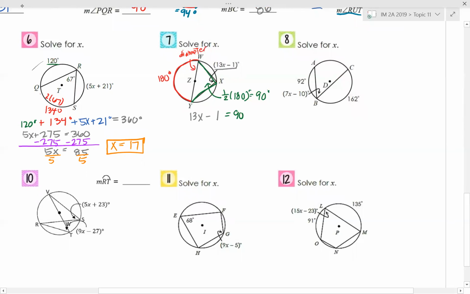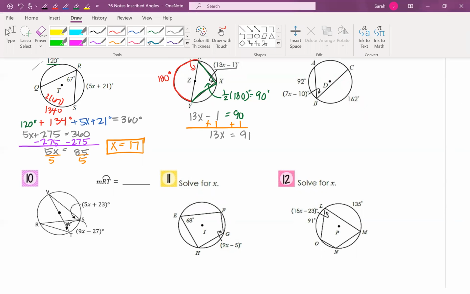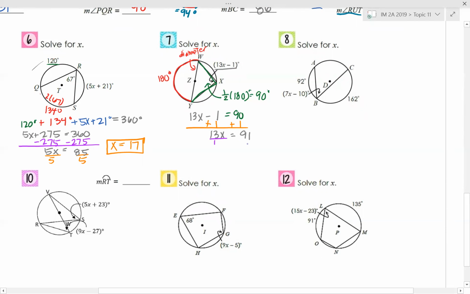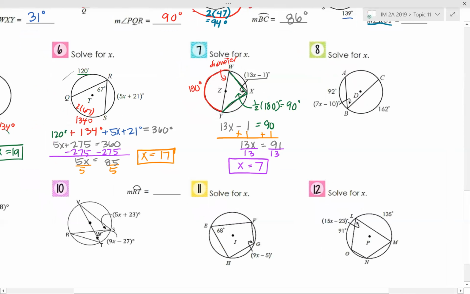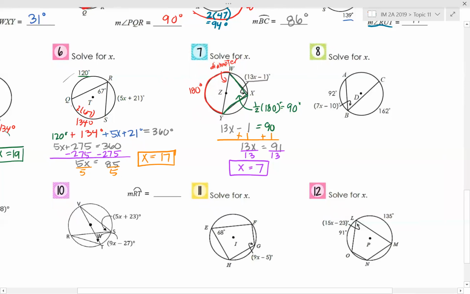So if we solve this for x, and then divide by 13, that gives us that x is 7. And again, the problems here look like they're all, except for number 10, are asking us to just solve for x. So that is our answer.